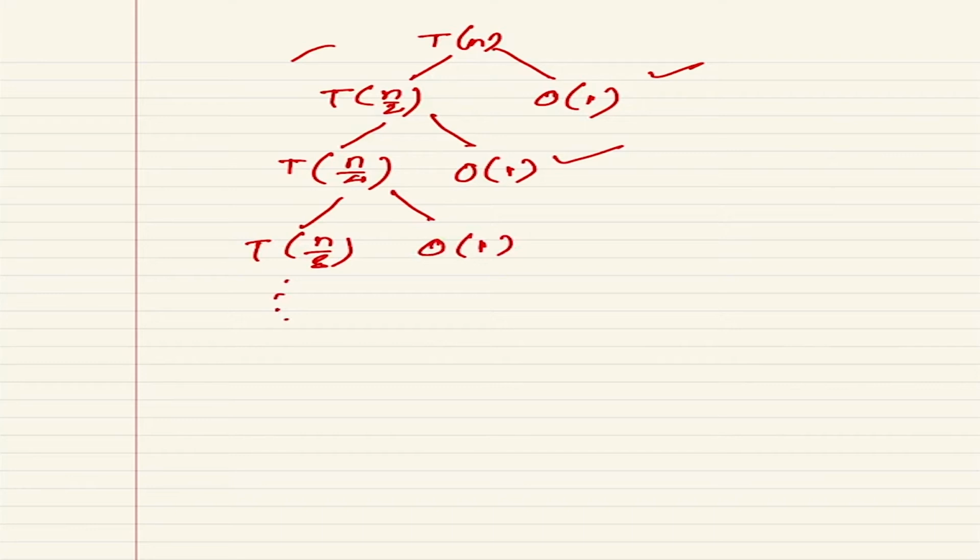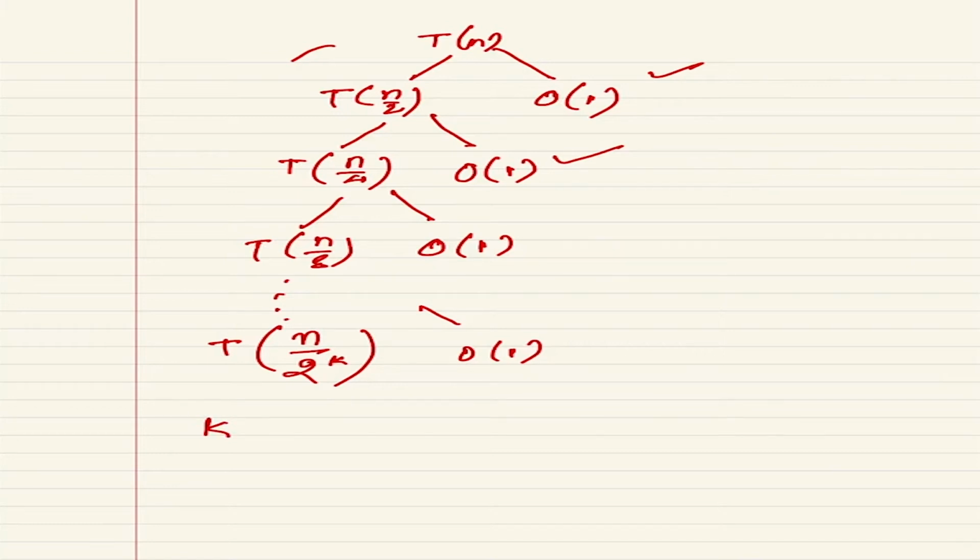When do you stop? When the problem instance is of sufficiently small size. That means you are only at one element. So suppose at some step T(n by 2 to the power k) you cannot go any further. Then there is also an order one. Okay, so that's where you stop. And what will be k? Now k should be such that you cannot go further.